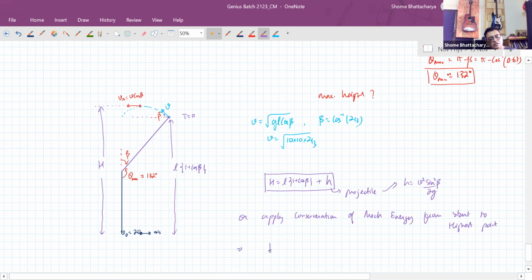So we will have that half m vx square at that highest point should be equal to half m v naught square at the lowest starting point minus mg capital H. That will give us the formula for capital H directly. So we'll see that H will become v naught square minus vx square at that highest point, divided by 2g. Okay. And vx at that highest point, remember, is v cos beta.